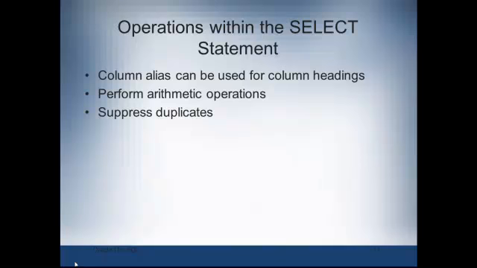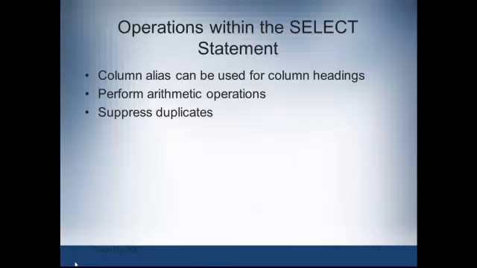You can suppress duplicate data. Okay? So if you want to select all of the records from the table from a certain column, you don't want repetitive data. For example, if you wanted to find out all of the authors that you keep in your inventory of the books table, you could suppress the duplicate authors.